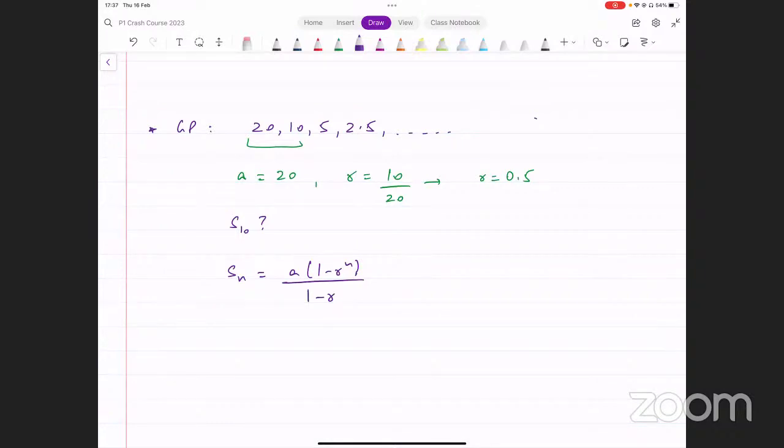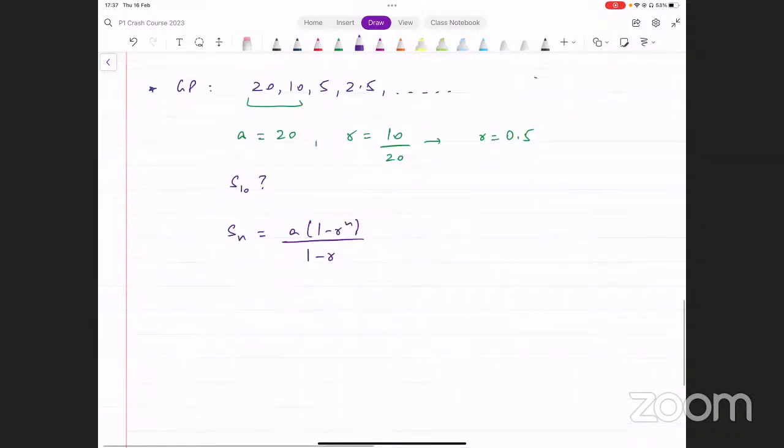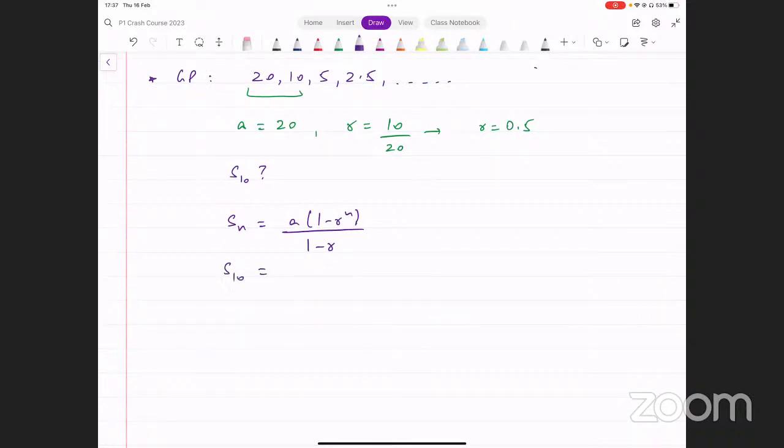Now, all you have to do is input values in this. N is 10. We're looking for S10. We have A is 20, into 1 minus R raised to power n. What's R? R is 0.5, raised to power n, the power is 10, whole divided by 1 minus 0.5.